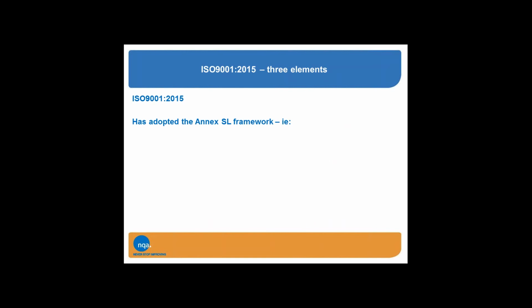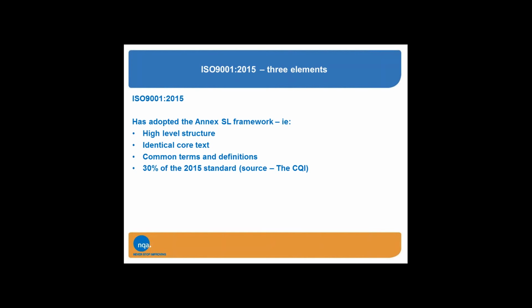ISO 9001, as I've just explained, has adopted what we call the Annex SL framework. The high-level structure that we've just seen, the 10 clauses, identical core text within those clauses, common terms and definitions which are now used throughout all management system standards. 30% of the ISO 9001 2015 standard is Annex SL.